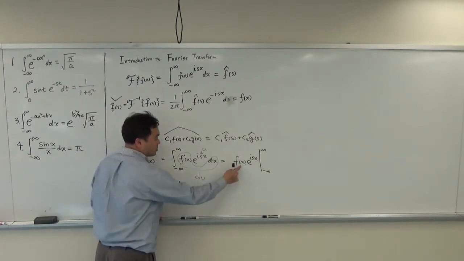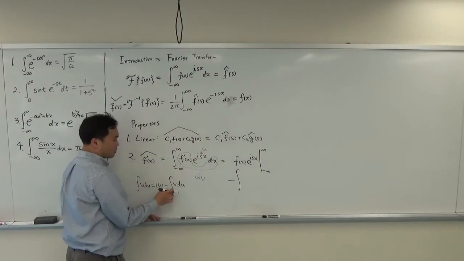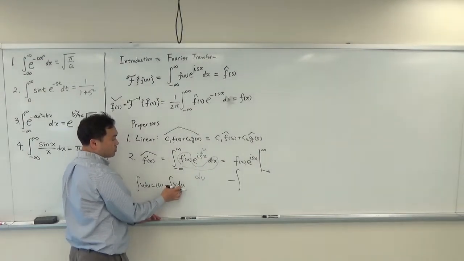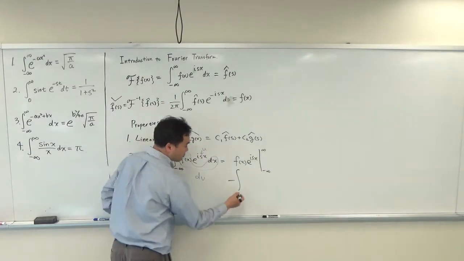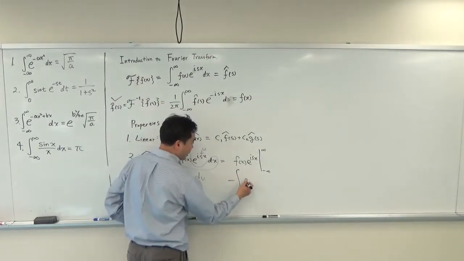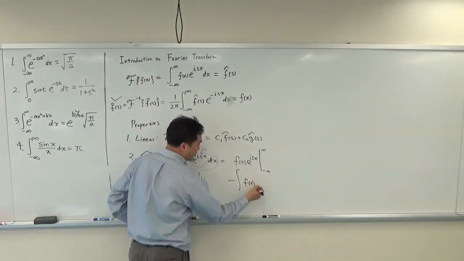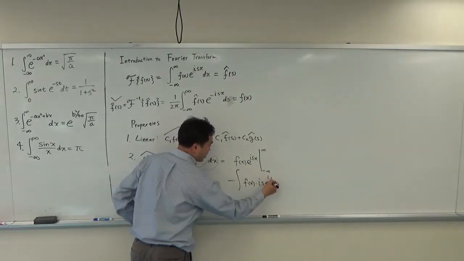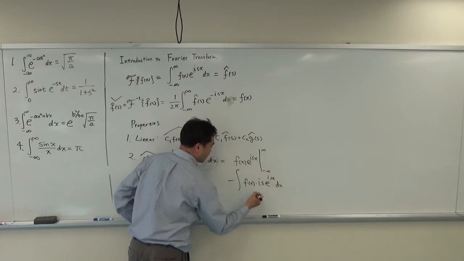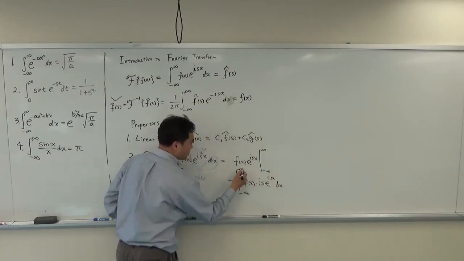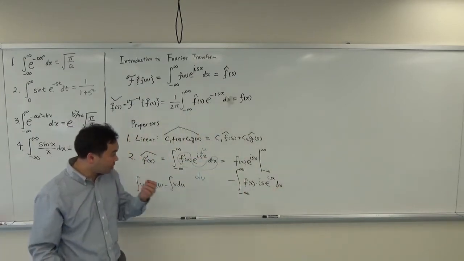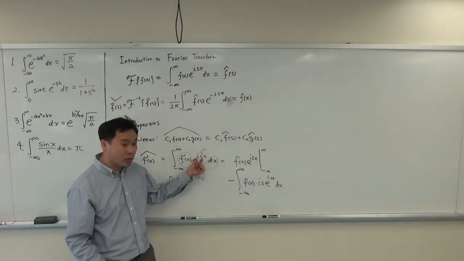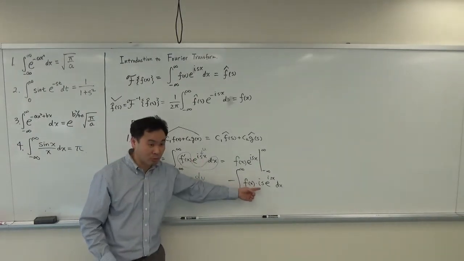Now this time v stays, but then you have to differentiate this instead. So you have f of x times is e to the isx dx. The reason is, if you apply the chain rule, the coefficient of x comes down, so that's where you get the is.